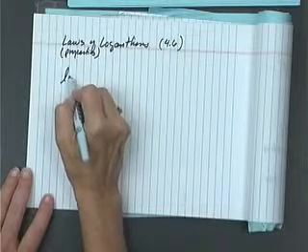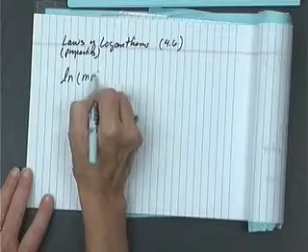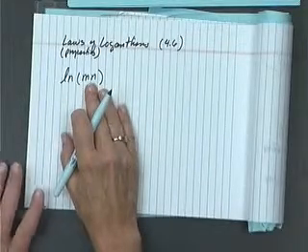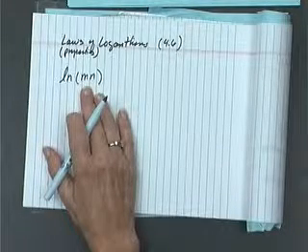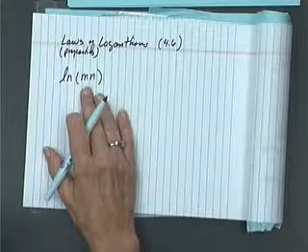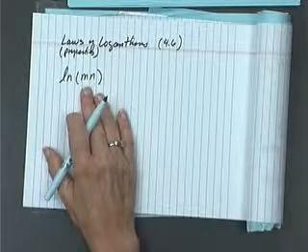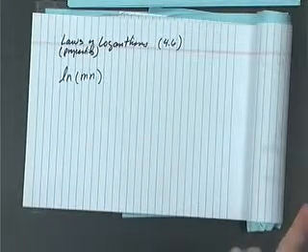The first one is that the log of a product, natural log of m times n. The reason that you have this property is because you remember the natural log is saying what is the power that you raise something to, so you relate it to exponents, and you know when you're multiplying with like bases, what do you do to the exponents?